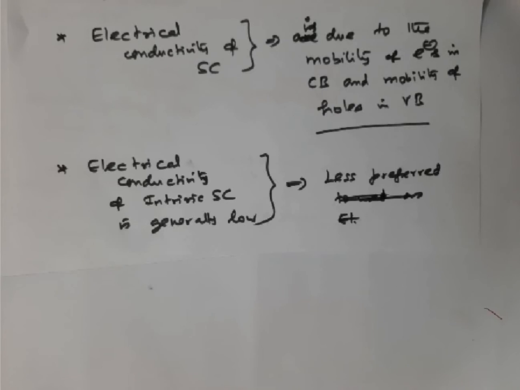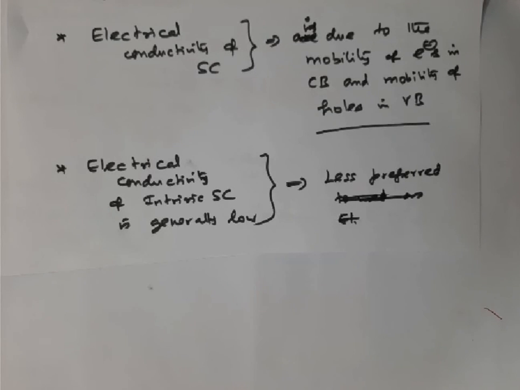Why is it generally low, students? Why is the conductivity of an intrinsic semiconductor low? Very simple. See, addition of impurity. Yes, Aditi. We'll get electrons in the conduction band and holes in the valence band.